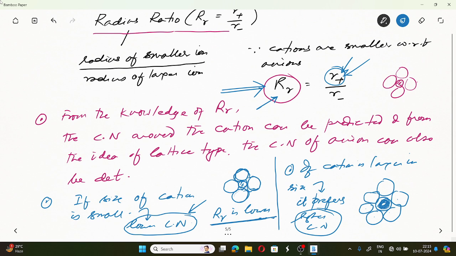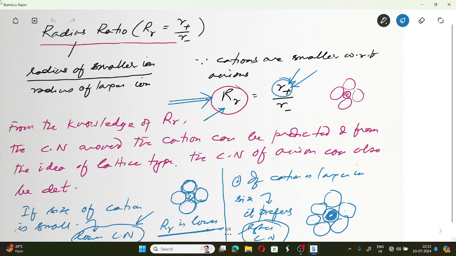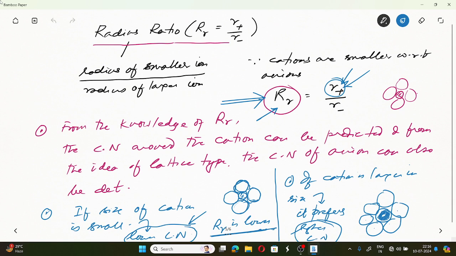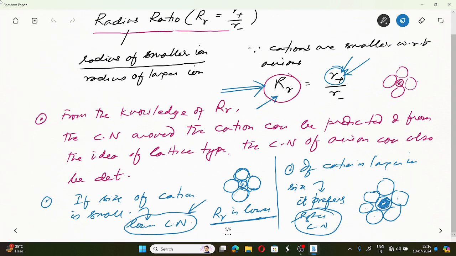So often they can ask a question like this: what is the basis of radius ratio rule? It's like this. If size of cation is small, radius ratio will be lower, coordination number will be lower.